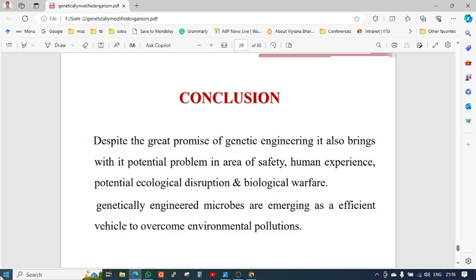Genetically engineered microbes are emerging as vehicles to consume environmental pollution, but they may also spread it, and this is a threat to human safety and to nature itself.